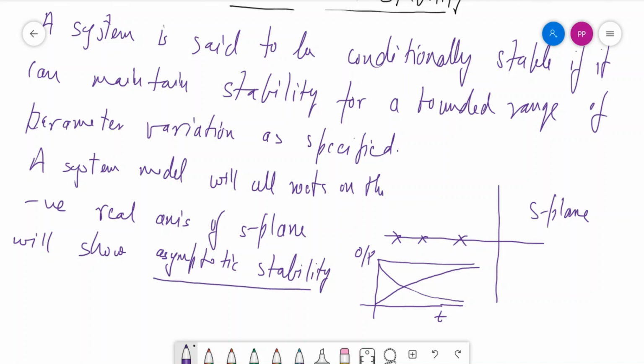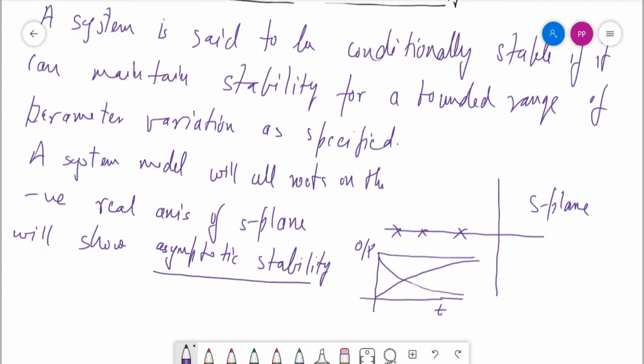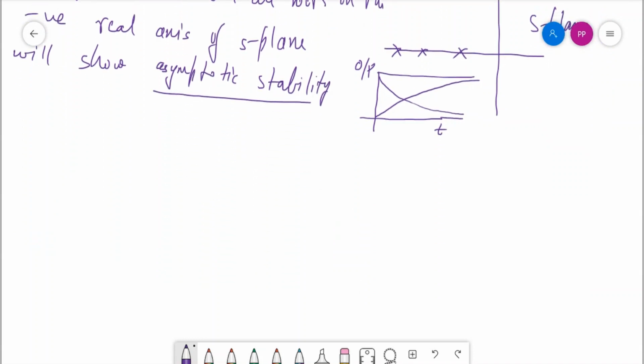So for other kinds of roots, what are the situations? Let us investigate. Suppose you have all the roots on the negative real axis, as well as non-repeated roots on the j omega axis, then the system will be limitedly stable.